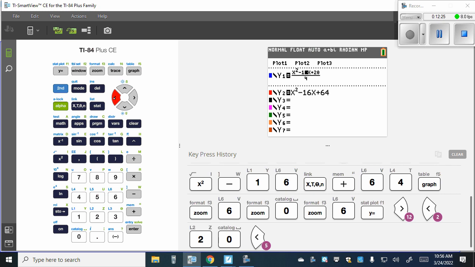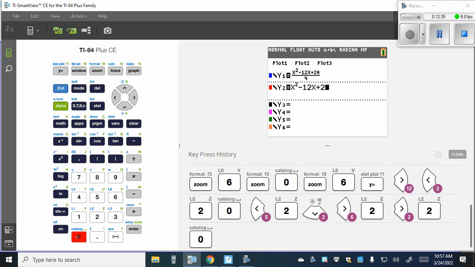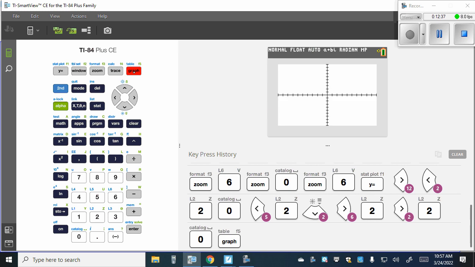If I give it 12, giving us another function. And if we graph this, we see that it does cross those 2 points. But the other function also crosses at those 2 points.